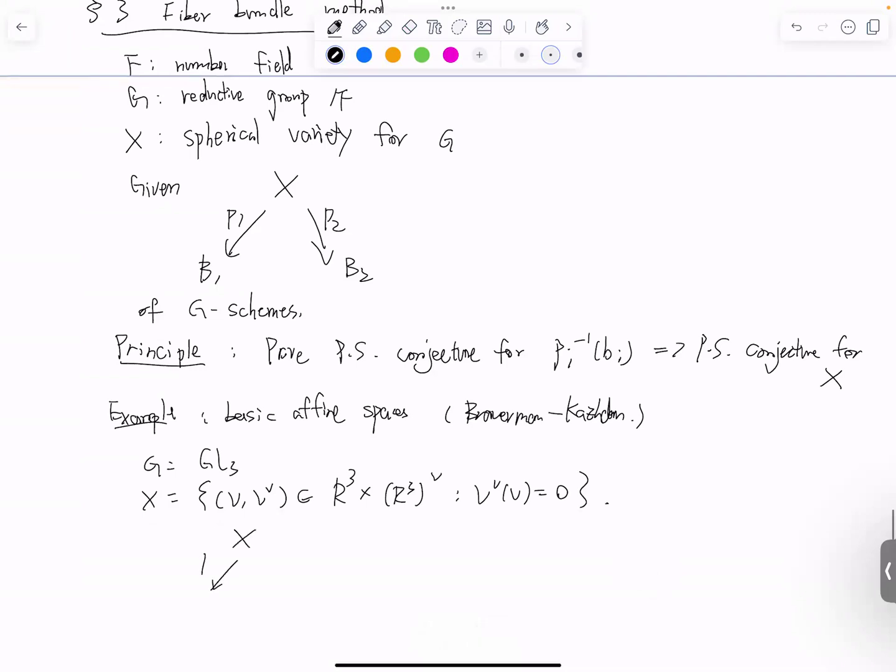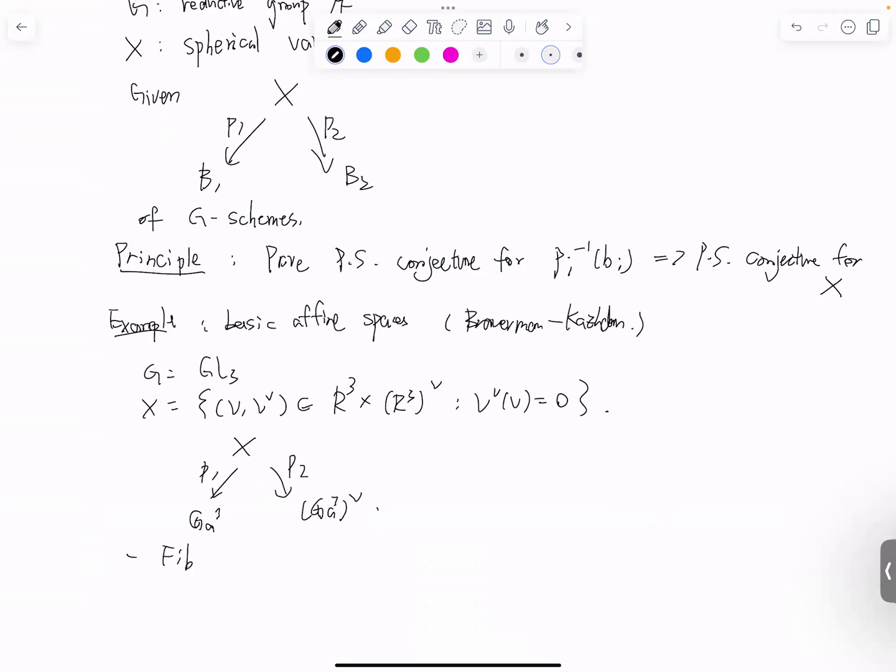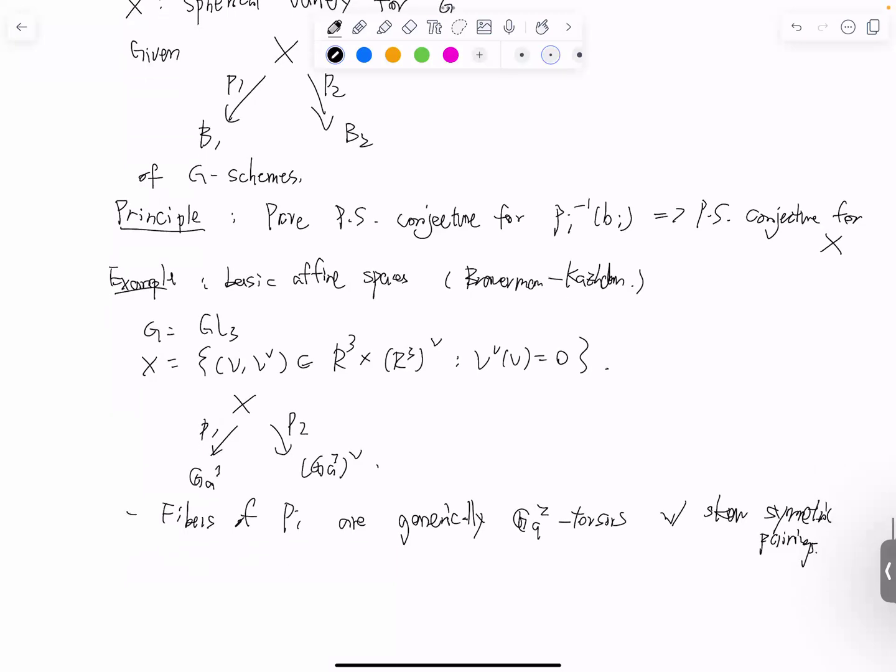We have X with P1 to A3 and P2 to A3. So the fibers of the projections are generically A2 tori with skew-symmetric pairing. And the fiber bundle method should imply a Poisson summation formula for GL3 and the affine closure, which is a basic affine space.